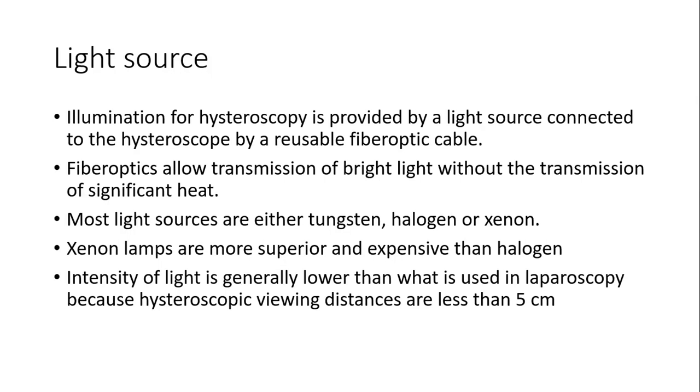They say it gives a softer light, so for people who do a lot of procedures, it's easier on the eyes, but it is more expensive than halogen, which is more commonly used. The intensity of the light is generally lower than what is used in laparoscopy, and that's also because of the distance in the uterus that you are trying to visualize.